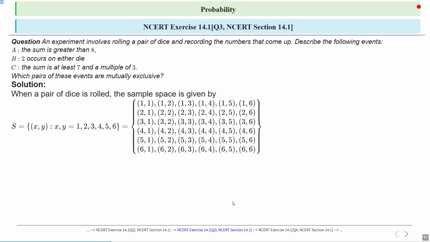So you can easily write the ordered pairs contained in sample space S, as shown here. You can easily write the sample space S like this. So this is the corresponding sample space of the random experiment when a pair of dice is rolled.